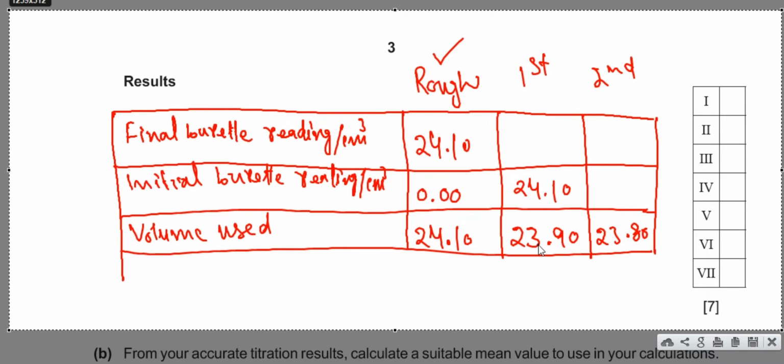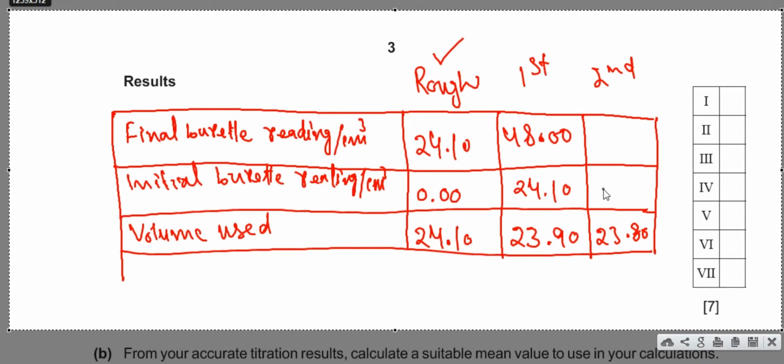I'm going to add 24.10 plus 23.90. My answer is 48.00. So when you subtract this, you will get this.